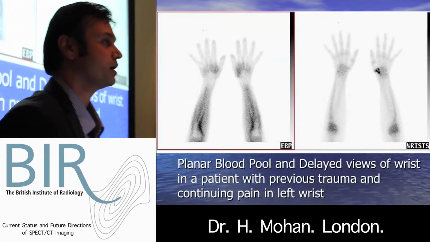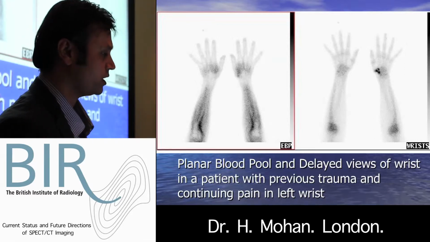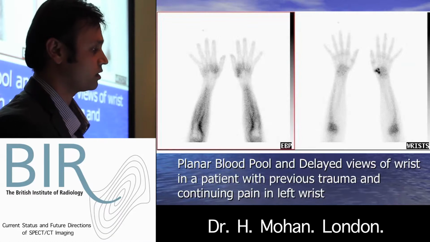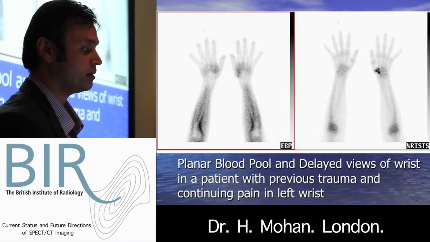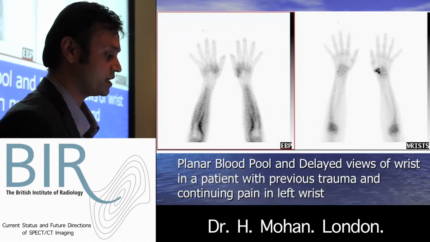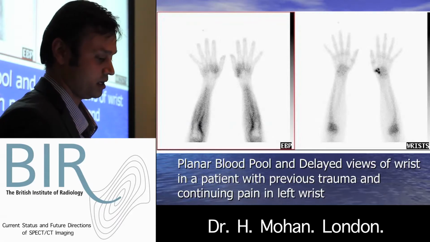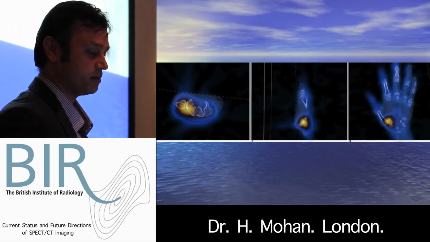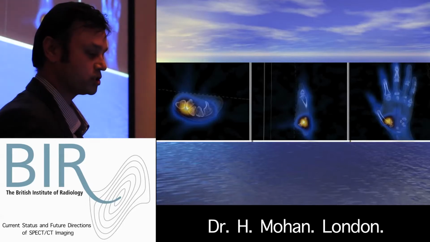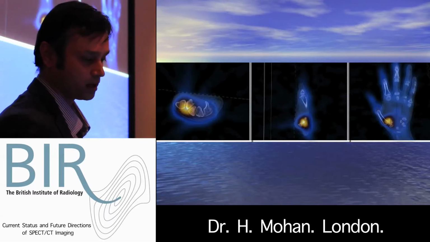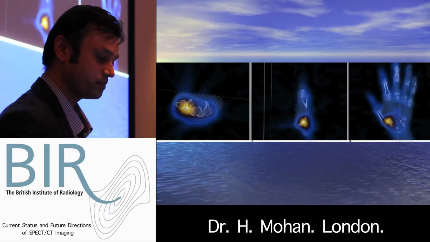Next, a patient who had a recent injury and continuing pain. What was the reason for the continuing pain? As you can see on the early blood pool images, there is slightly increased vascularity with marked increased uptake on the delayed images. And again, on the SPECT images, the uptake corresponds to the first carpometacarpal CMC joint.